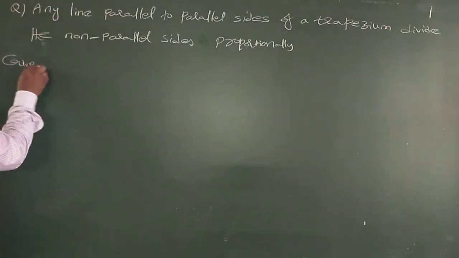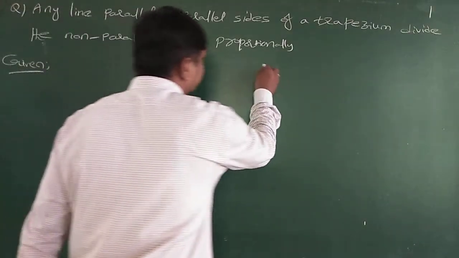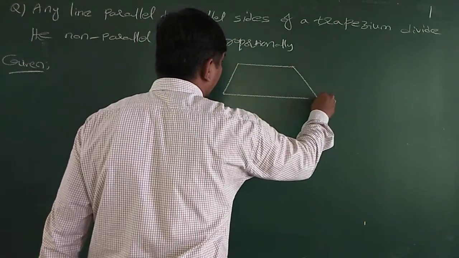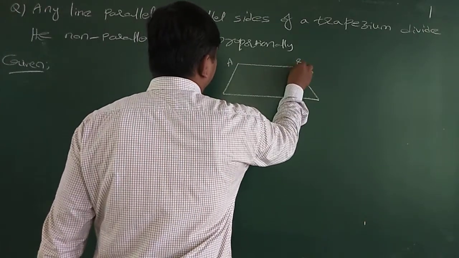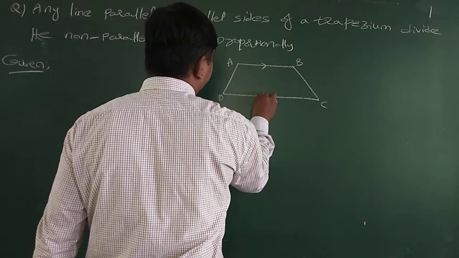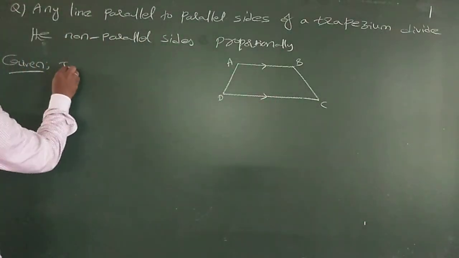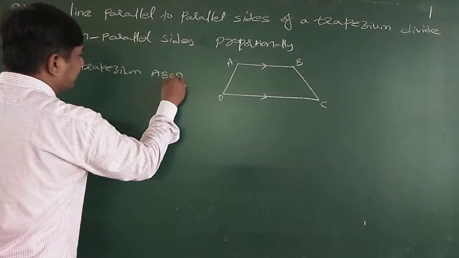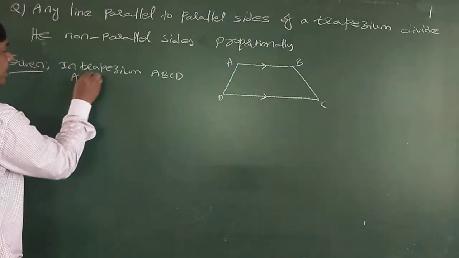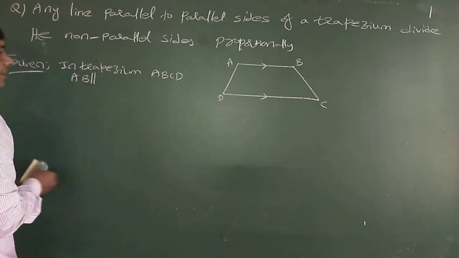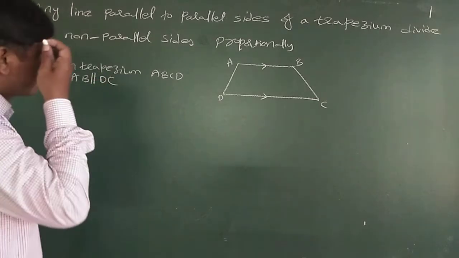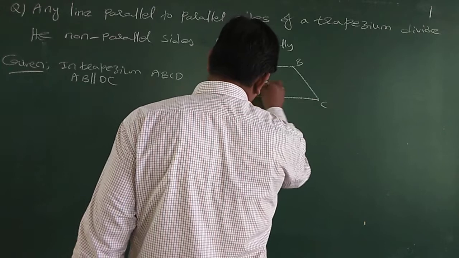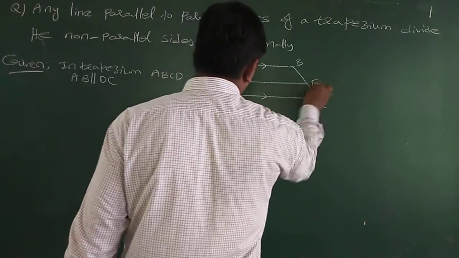See here, given: ABCD is a trapezium. In trapezium ABCD, AB is parallel to DC, okay, and EF is also parallel to DC.